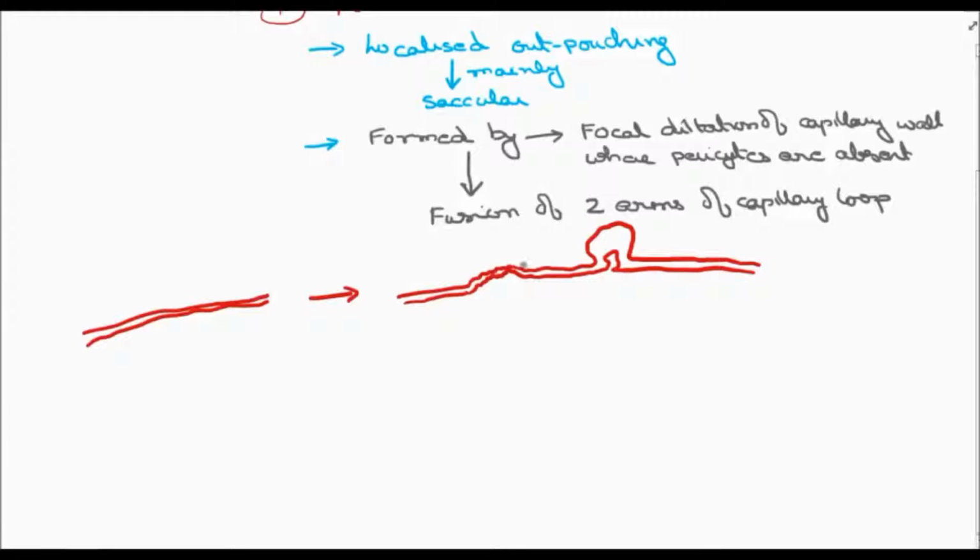This loop then gets fused together and forms a single microaneurysm. Even the focal dilatation can get thrombosed and form a microaneurysm. You can see that the loop is forming, and now it will get thrombosed and we will see it as a microaneurysm when we look in a fundus examination.